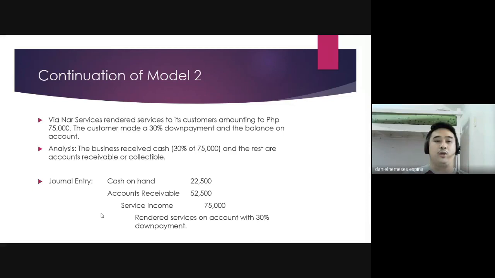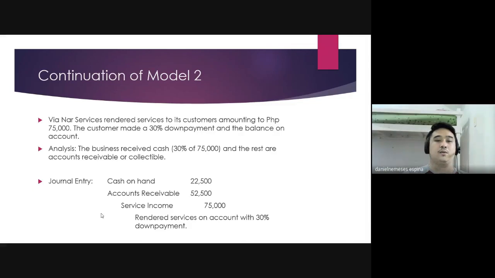So the customer paid 30% of 75,000 as down payment, and the balance is on account. Meaning, it is 70% of 75,000, which is 100 minus the 30% down payment. So 70% of 75,000 is our collectible.